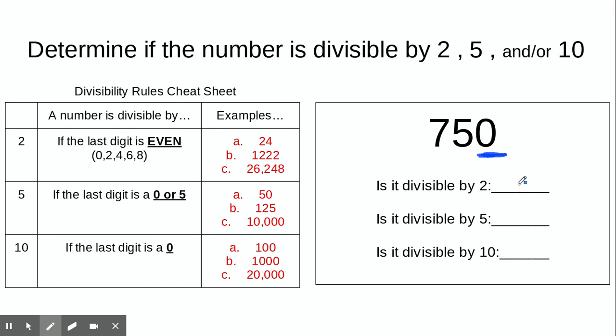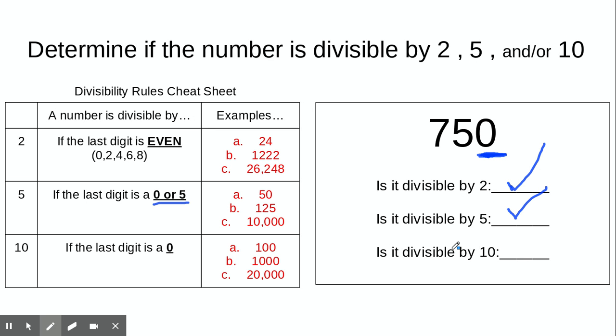It is, knowing that 0 is an even number, so 750 will be divisible by 2. Is 750 divisible by 5? Well, is the last digit a 0 or a 5? It is, it's a 0. So 750 will be divisible by 5.